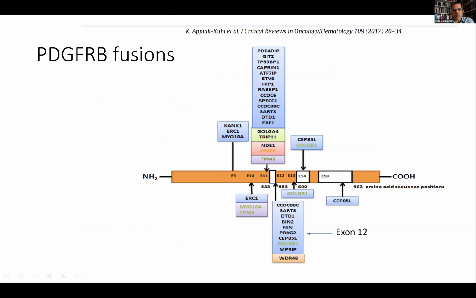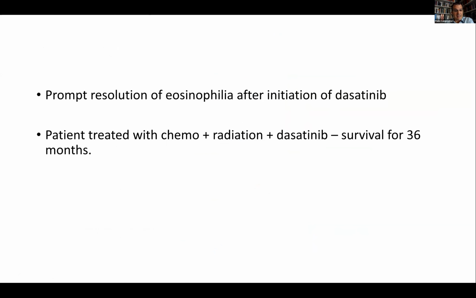When we compare with other fusions described in the literature, we see that exon 12 is a very common breakpoint, right? Exon 11 is another common breakpoint. So exon 11 and 12 we could call canonical breakpoints. So the oncologist, although it was a novel fusion, considered that for treatment, and the patient was treated with dasatinib, that is a tyrosine kinase inhibitor that targets, among other genes, PDGFR beta.